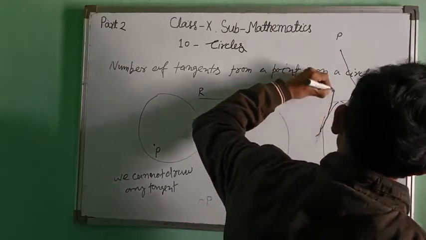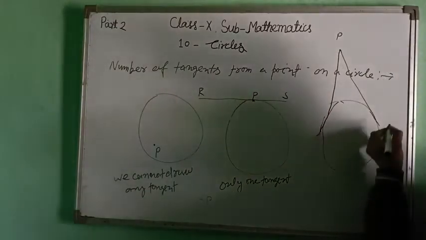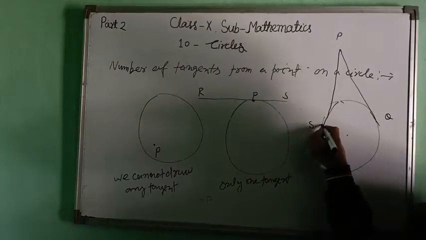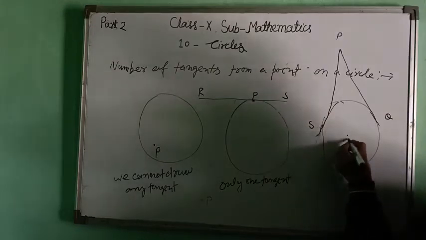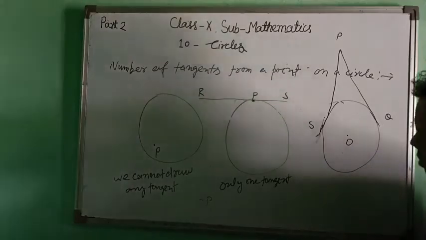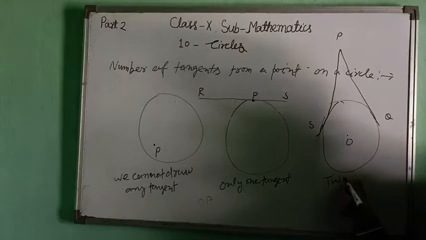Suppose these will be Q and S, and this is center O. So here we are able to draw two tangents.